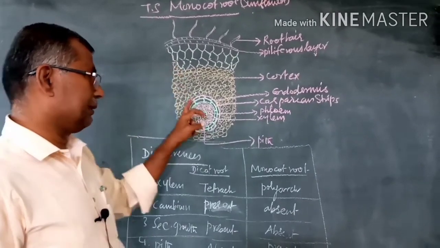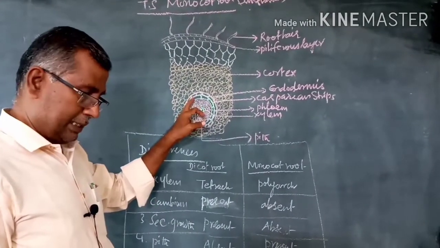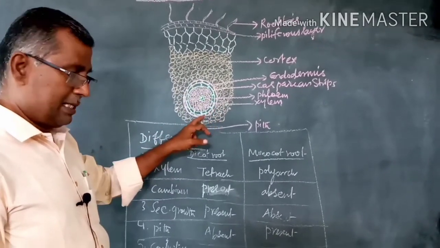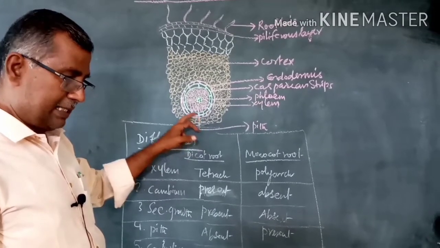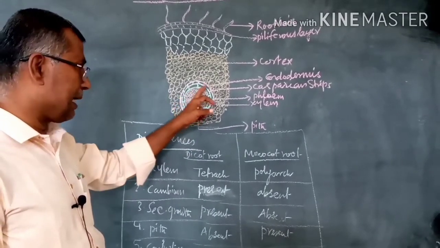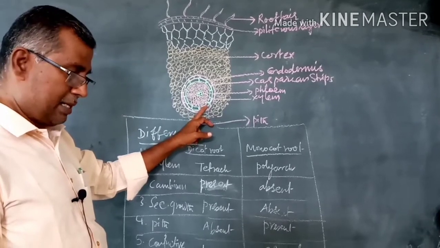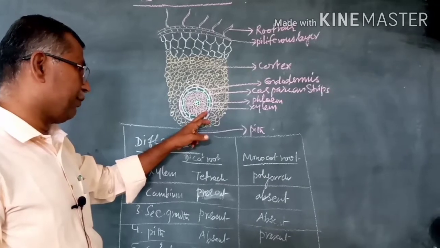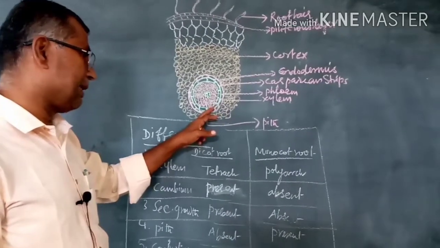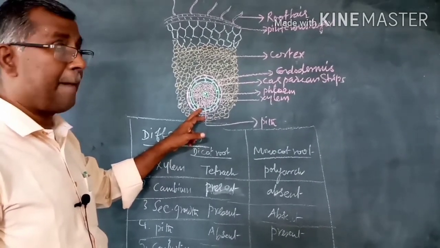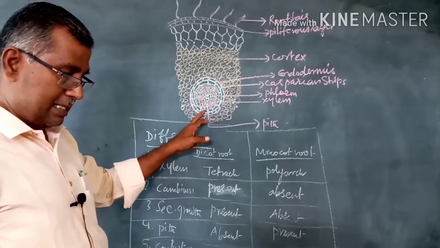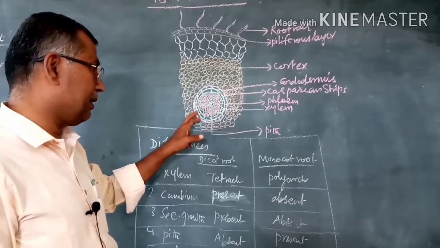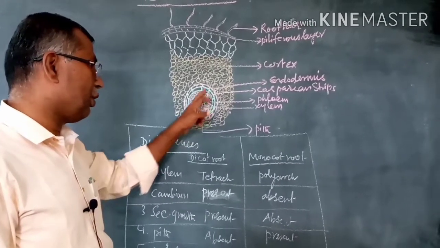Inner to the cortex, the endodermis is present. The endodermis has barrel-shaped cells having radial and inner tangential walls thickened with Casparian strips, as in the dicot root. Here also, if the endodermis has no Casparian strips, the cells are called passage cells. Understand? The passage cells help the water and dissolved salts pass from the cortex to the xylem.